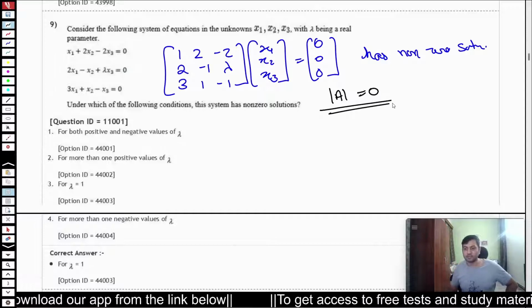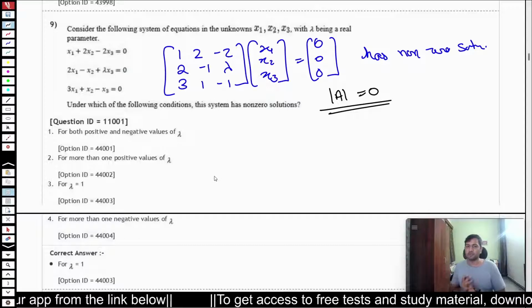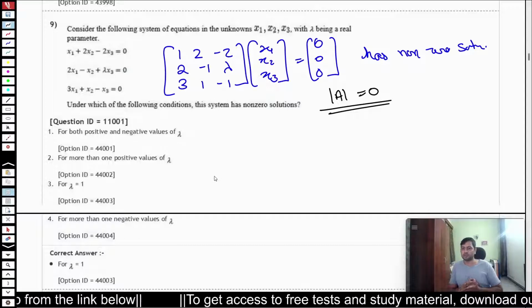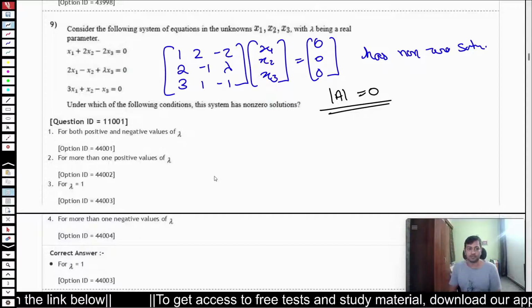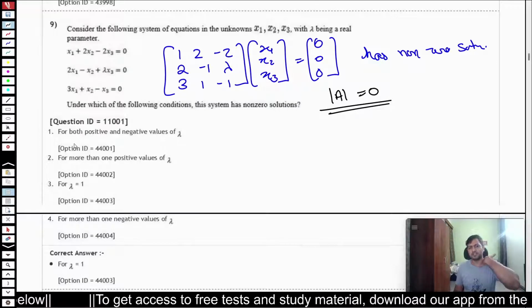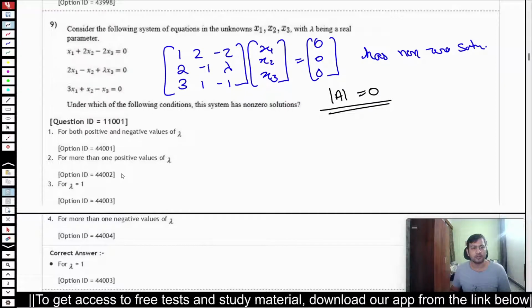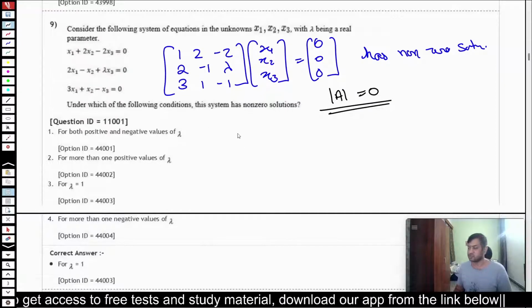Okay, so in a 3 cross 3 matrix, only if the determinant of A is zero can you have Ax equals 0 having non-zero solutions. So for both positive and negative values of lambda, I have to solve determinant of A equals 0.